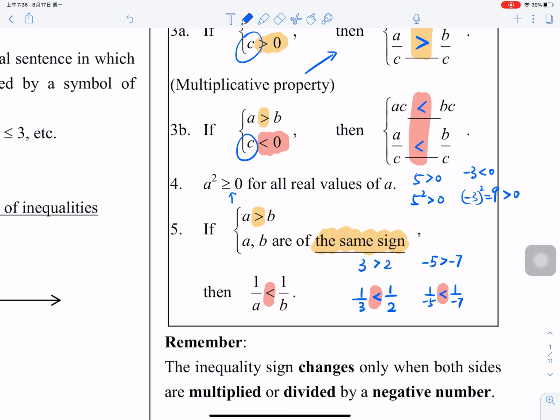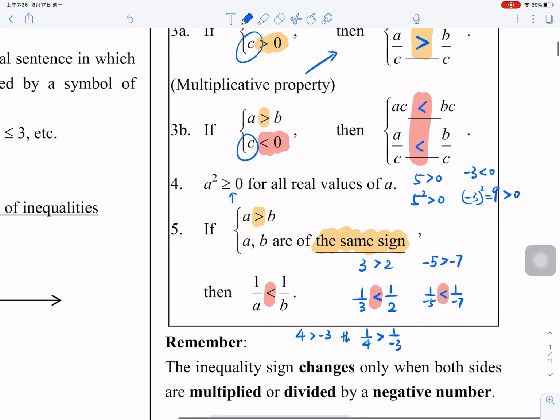If not the same sign, have a look. 4 is greater than negative 3. How about 1 over 4 and 1 over negative 3? It keeps, right? So if they are not the same sign, the inequality sign does not change, because a positive value is always greater than a negative value.